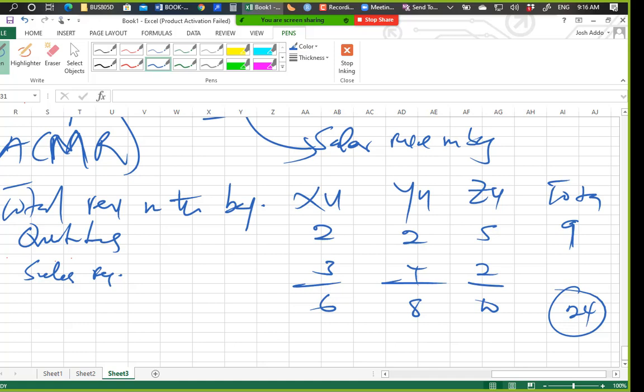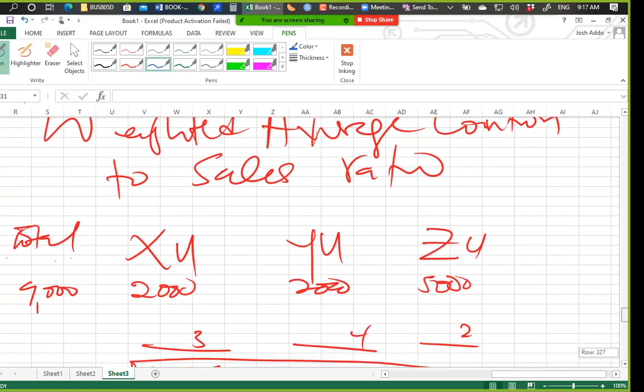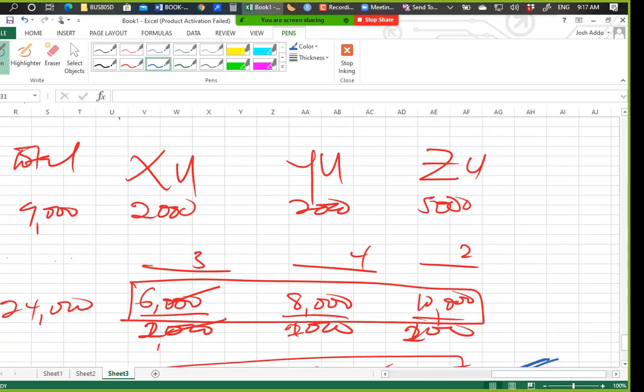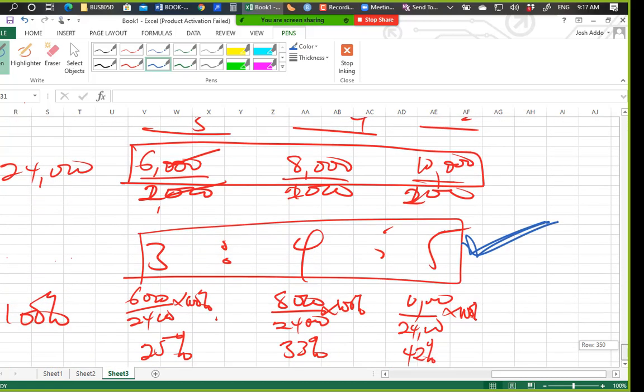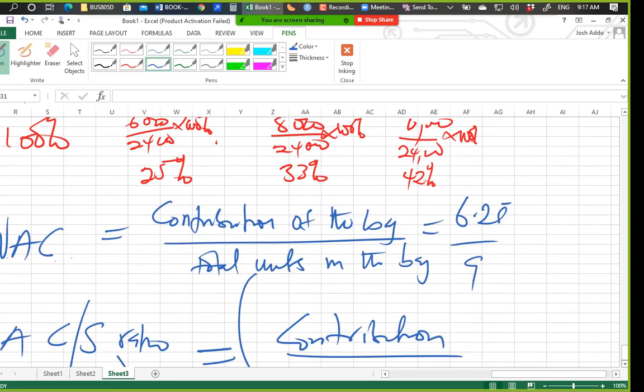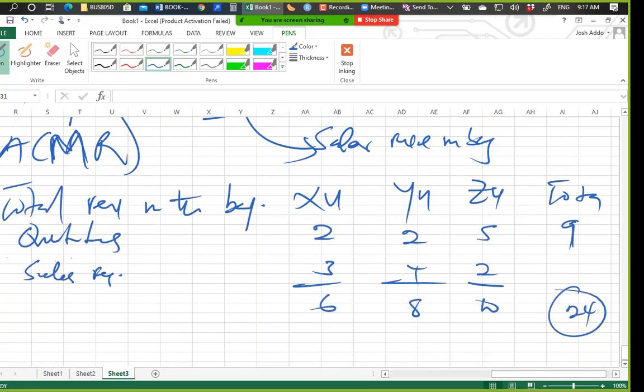That's what I'm doing now. The one I computed is the sales mix between the 3 products based on their sales revenue. I'll use that one to show you an equivalent way of calculating the weighted average contribution to sales ratio. But what I'm doing right now is one of the approaches, in fact, the shortest of it.